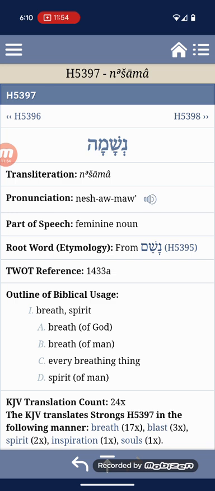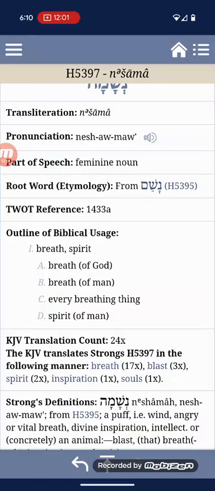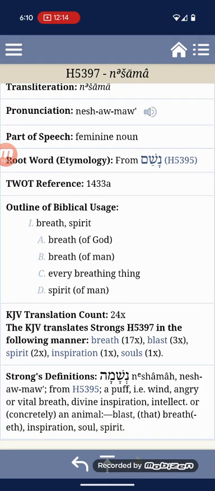All right. And let's see, under the biblical usage, it says breath. It says spirit. Breath of the Most High, the breath of man, every breathing thing. It says the spirit of man. So the Most High Yahweh breathed into Abel the breath of life, the spirit. He breathed into the spirit.